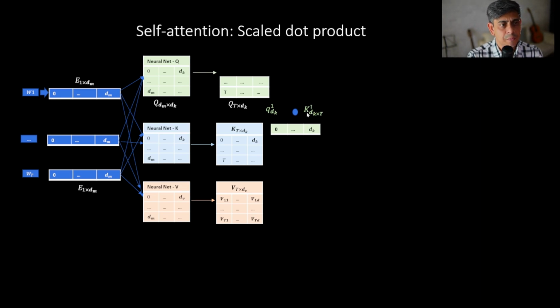So q will now be dot producted with K transpose, and that will produce a score. How is it happening? The same q is dot producted with row 1, producing the S11 score. Then with the next, and the last one, which is the t-th row, producing S1t. That's how for each of these rows it is going to give you one scalar value.